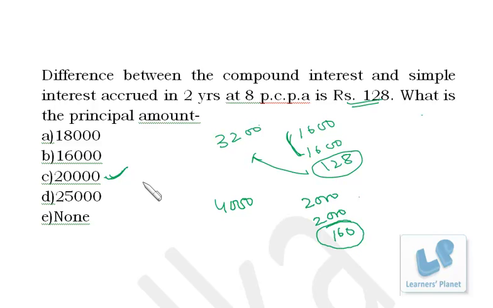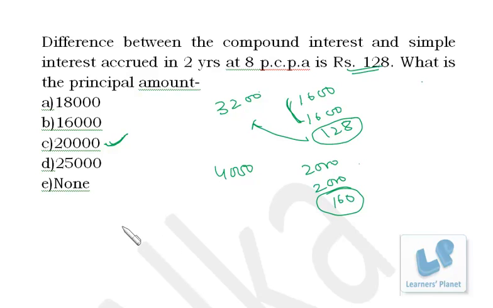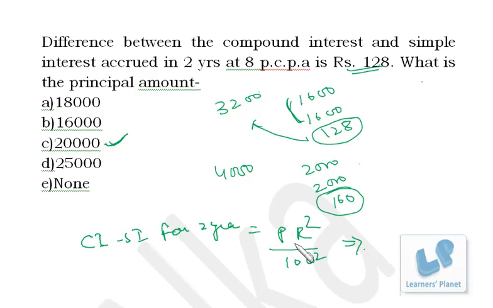Apart from that, I can give you the formula also if you are interested. CI minus SI for 2 years is equal to PR square by 100 square. You can use the direct formula, but I less recommend the formula because that's really time consuming. So CI minus SI is given to us as 128. So 128 is equal to P into 64 by 100 into 100.